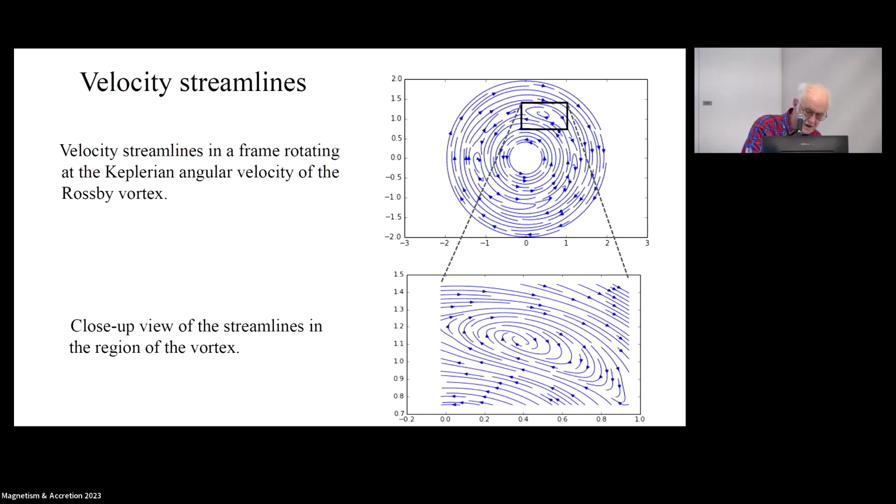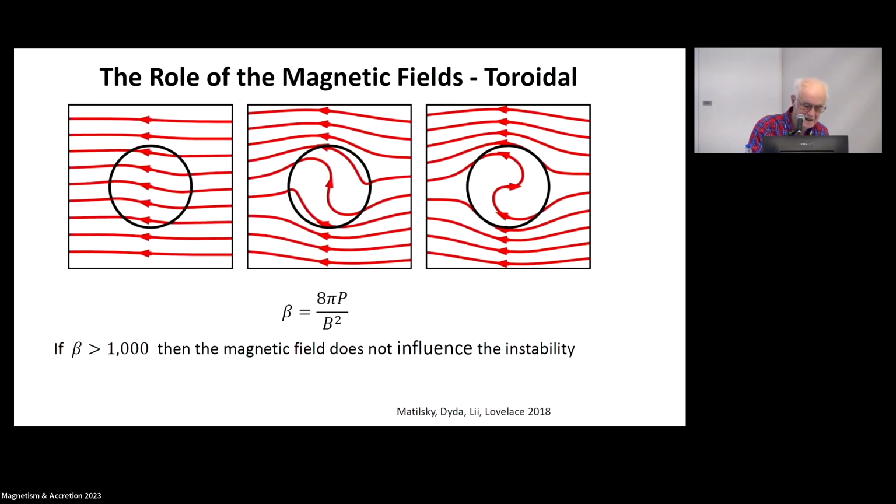On the bottom here, you can see there's the anticyclonic vortex. And we've also done this with the case of a magnetic field. Magnetic field tends to be twisted by this vortex.